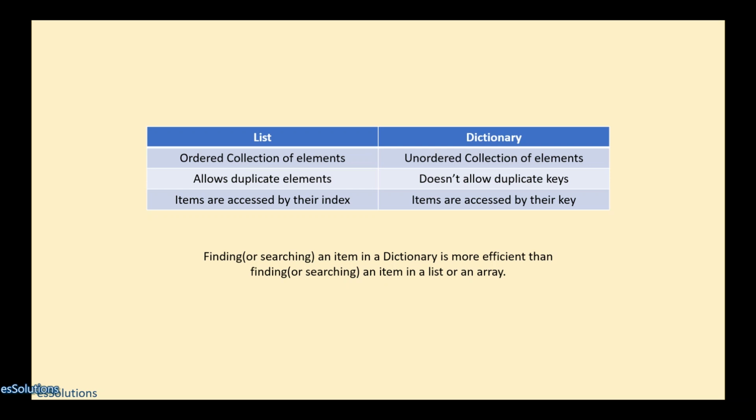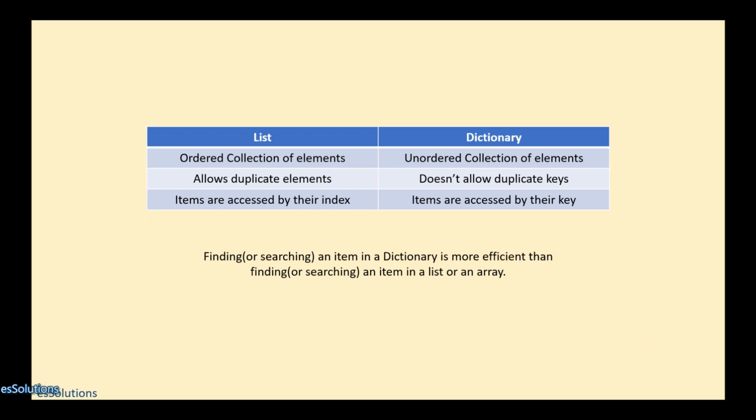Secondly, the list allows duplicate elements, while a dictionary doesn't allow duplicate elements. We talked about how, for the dictionary, when we try to put in a key that already existed, it threw an error. But for a list, we saw that it could allow you to put the same item multiple times.